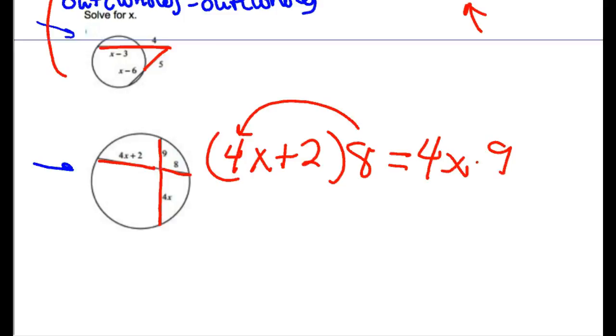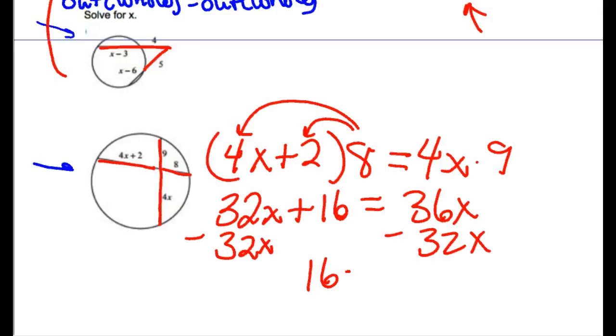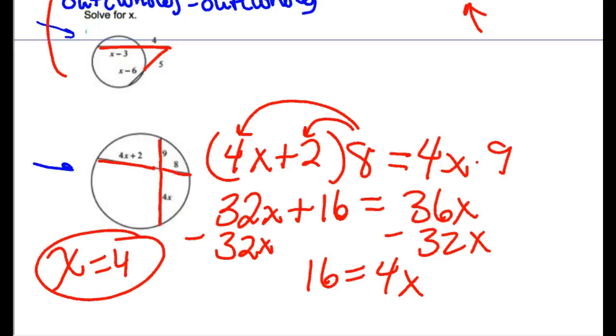So I have 32x when I distribute, plus 16 when I distribute, is equal to 4x times 9, which is 36x. I'm going to get my variable on one side by subtracting it from both sides. That leaves me with 16 equals 4x's when I do 36 of them minus 32 of them. Dividing both sides by 4 gives me an x of 4. And I'm done with that one.